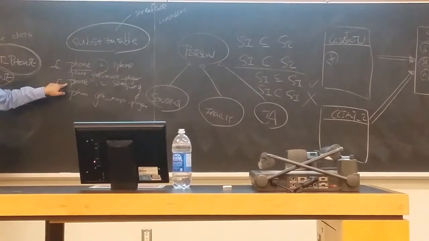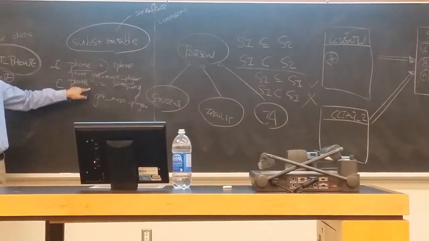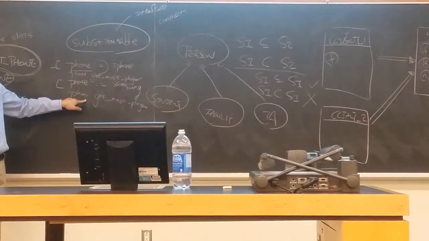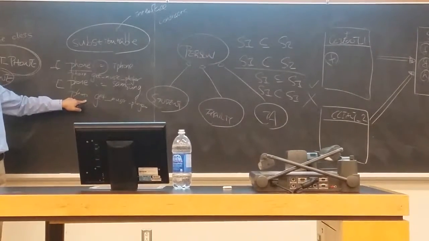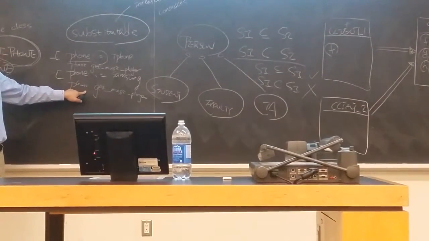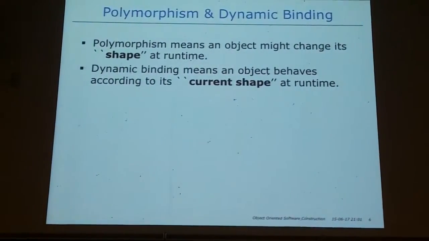Now, if phone changes shape into Samsung, like an Android phone, basically, and you say get music player, I don't know, I haven't used an Android phone before. Maybe you say get browser, like get Chrome, or you may get Firefox, etc. But you see my idea, right? Okay, so I think this slide actually summarizes how polymorphism and dynamic binding are related. Okay, again, as a recap.